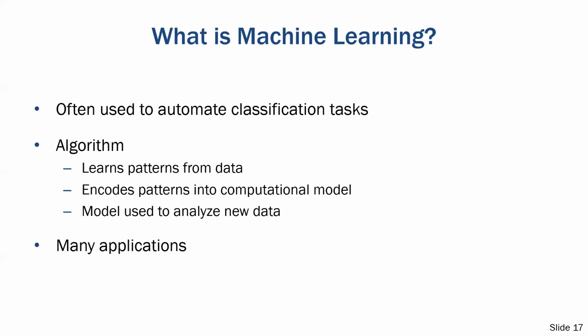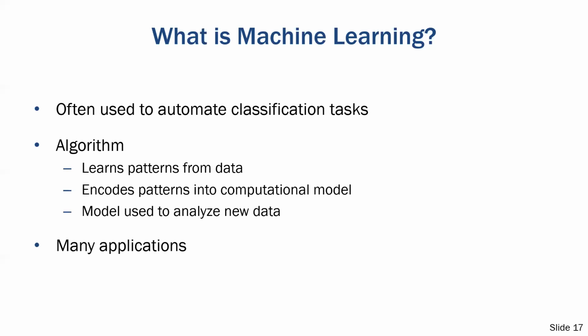Before I jump in to exactly what we did, let me just provide a brief overview of what machine learning is. It's an automated, computerized process that's often used to automate the types of tasks that we were doing.